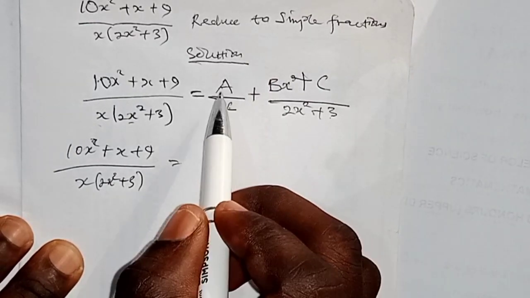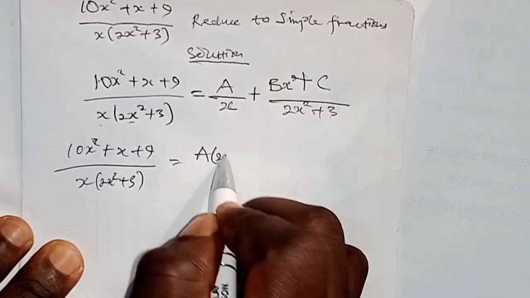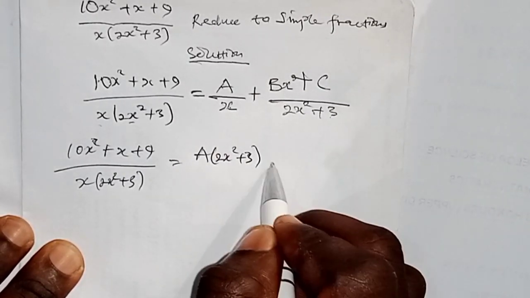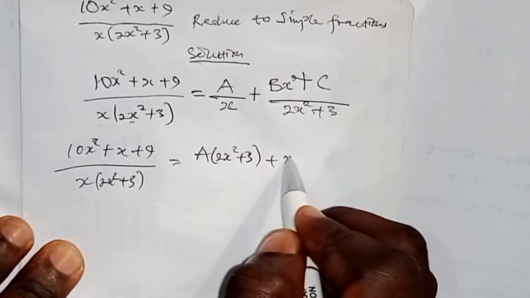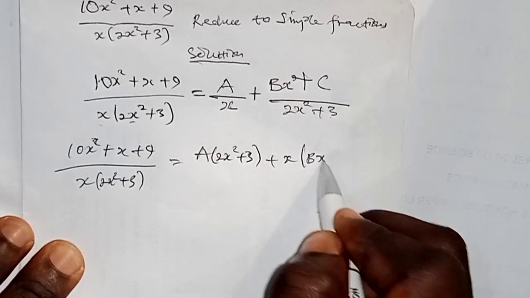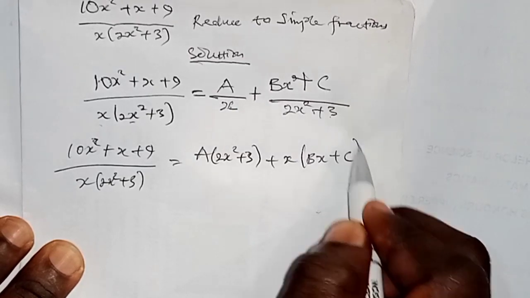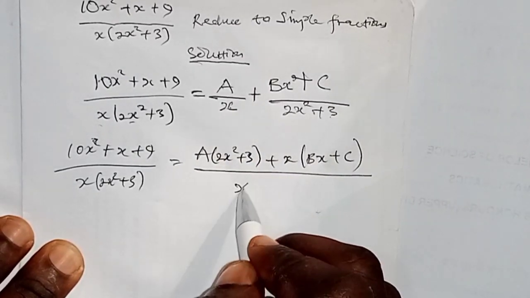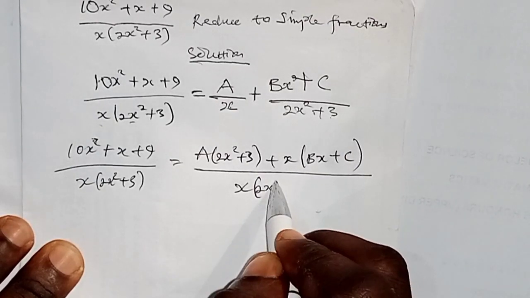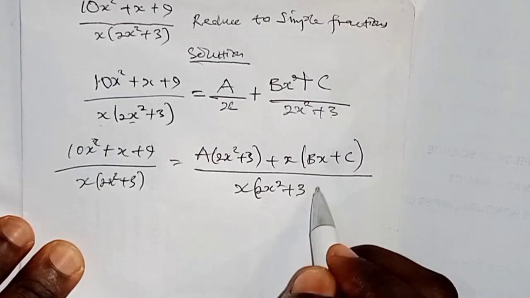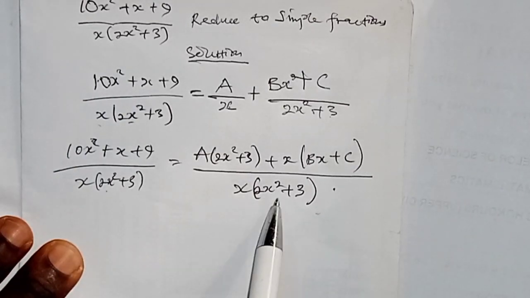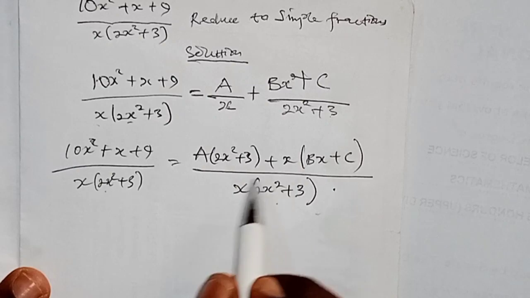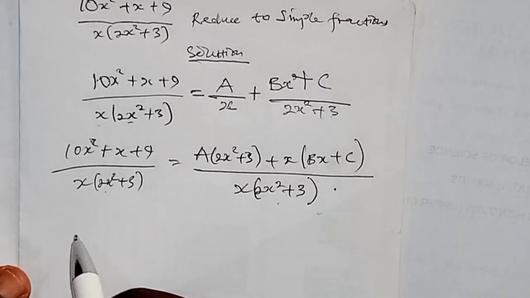So I will have a into 2x squared plus 3, plus x into bx plus c, all divided by the LCM, which is formed when I multiply the denominators.